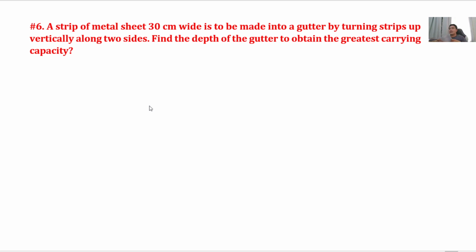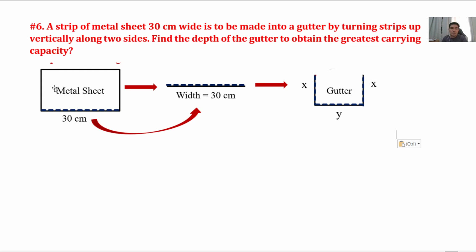First things first, we have to illustrate. When we draw it, class, this is how it will look. Originally, we have a metal sheet which is 30 centimeters. This one at the bottom is 30 centimeters.